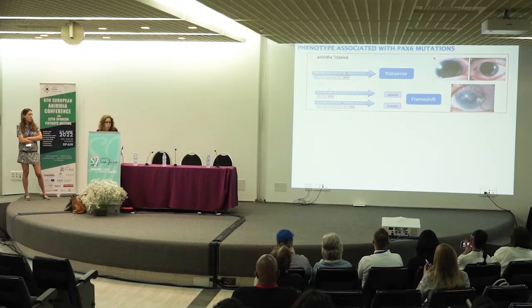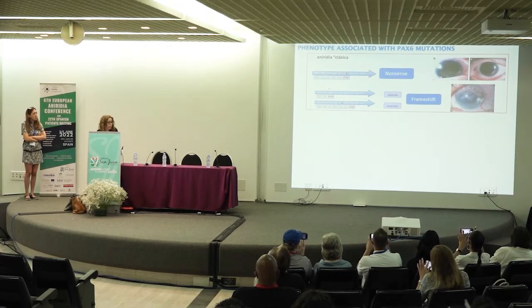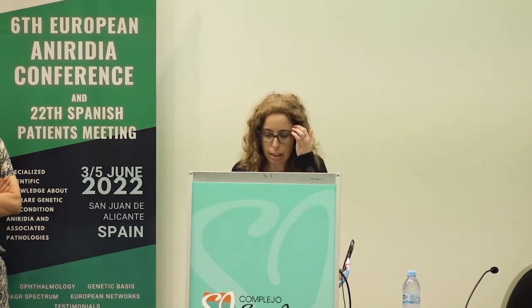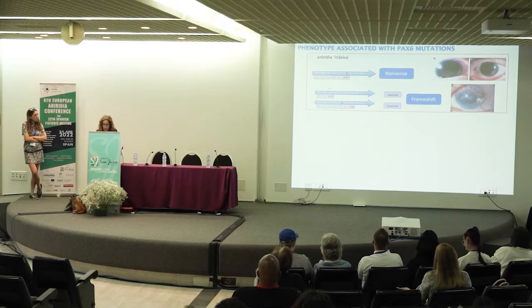Most of the patients have punctual variants, and the clinical presentation depends on the type of mutation. The most frequent variant is the nonsense, that is, the change in the nucleotide causes a stop in the sequence, and then there is a truncation of the protein.